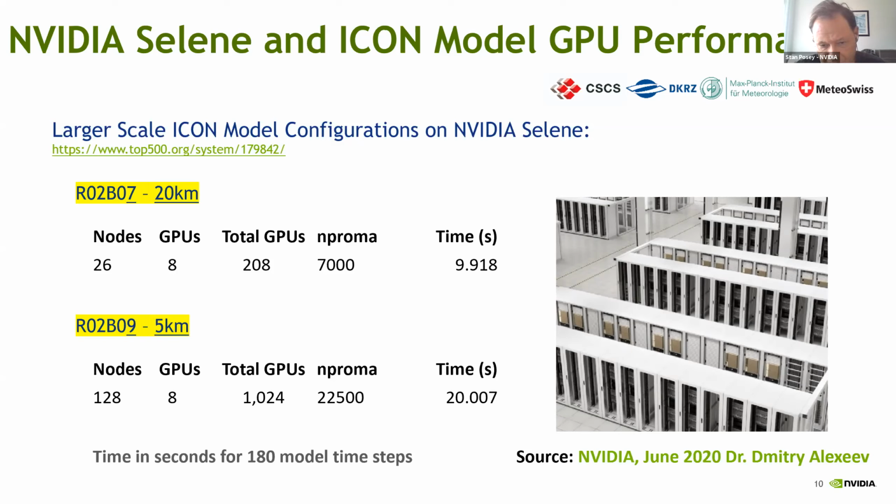We're getting to 20 seconds for 180 time steps. And I'm sorry I don't have comparisons on the CPU side as well, so it really just shows you we can get this to run and probably scale. We don't really have a scaling study yet either, but we're getting good results, getting numerical consistency, and hope to go further with these kinds of studies and provide more details as we go.